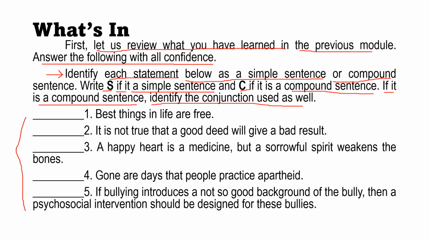It can be and, or, but, if-then, if and only if, and other conjunctions available for us to use. It's now your task to identify whether the sentences given fall under simple or compound sentences.